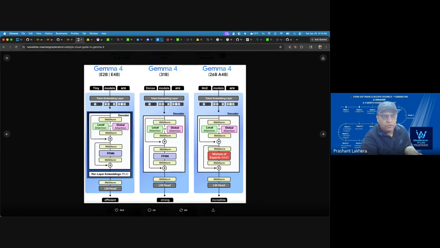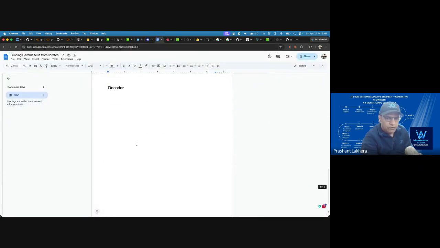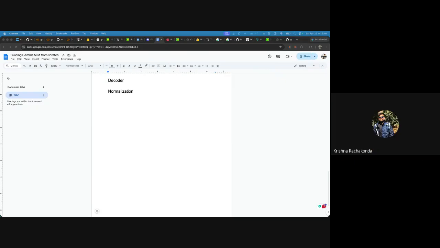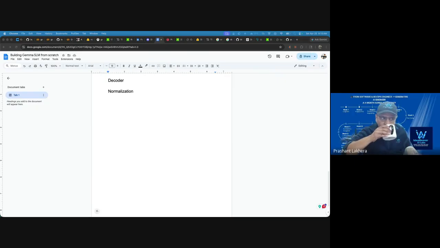But before we discuss that, does any one of you know what the use of normalization is and what problem it solved? Any idea about it? You're going to flatten the values, yes, but why?